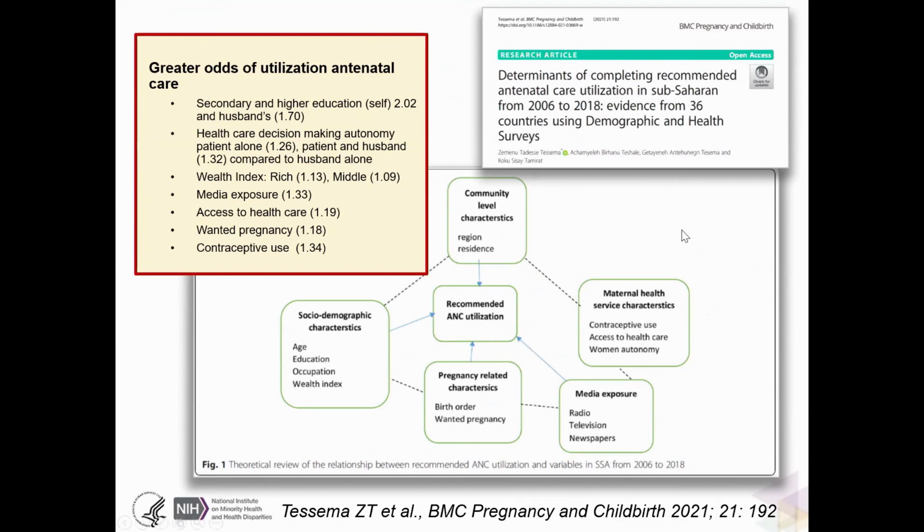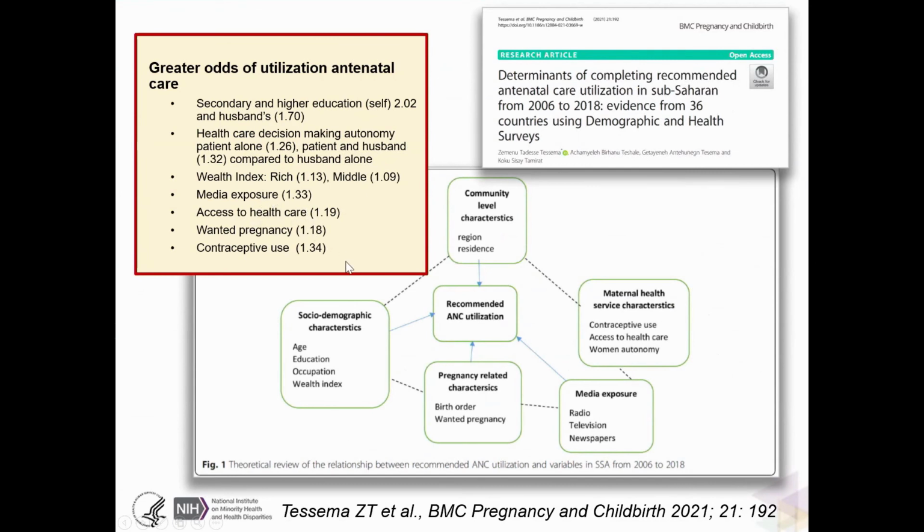For instance, besides secondary and higher education, patient's autonomy, the ability of the patient alone making a decision, or when the patient made the decision with the husband compared to when the husband made the decision himself, those were associated with increased odds of utilization of healthcare services.